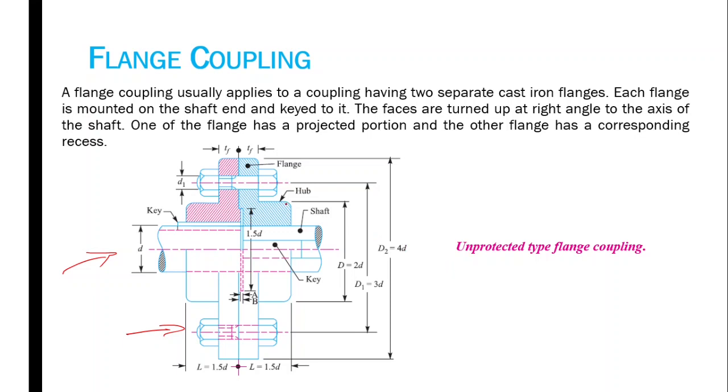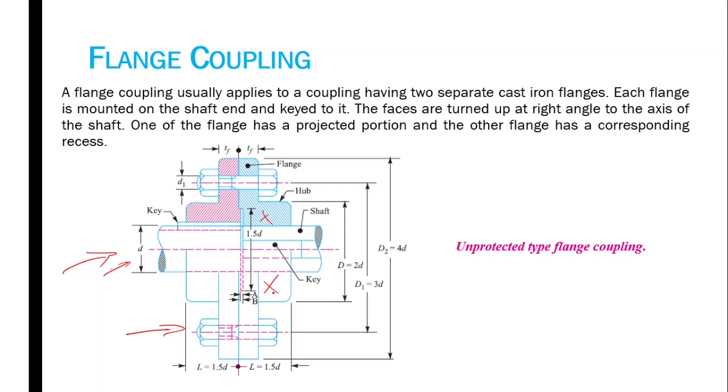And the proportions of the different diameters of the parts of the unprotected type coupling are shown in this particular figure, represented as a proportion of the shaft diameter. Here this part is known as the hub.